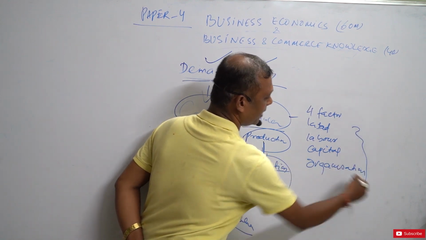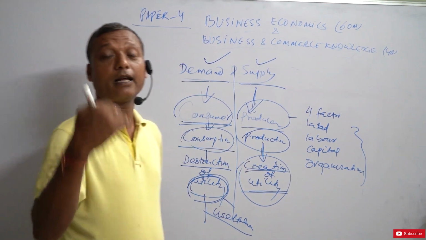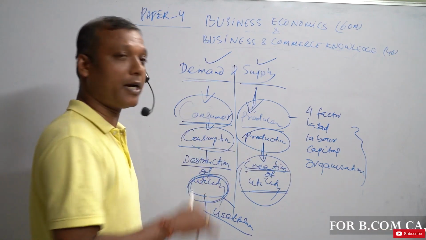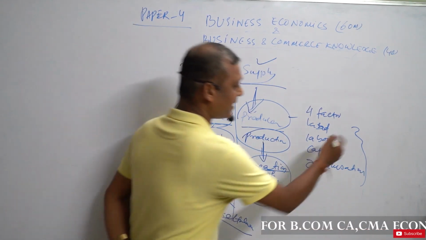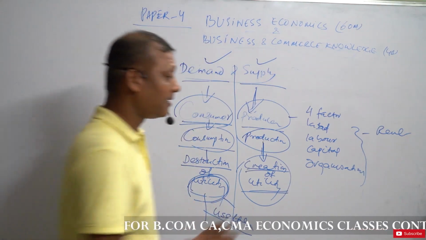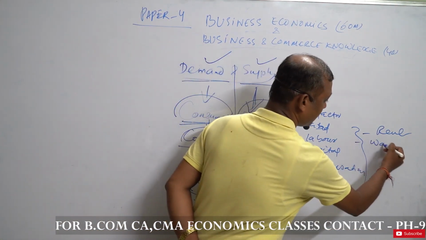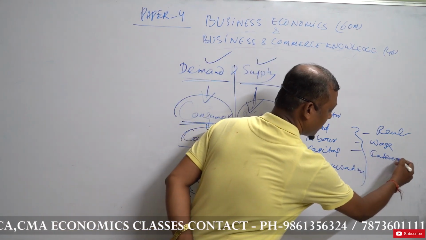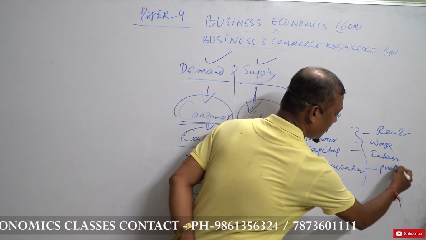Now, equally important for you to understand: land gets rent, labor gets wage, capital gets interest, and organization gets profit.